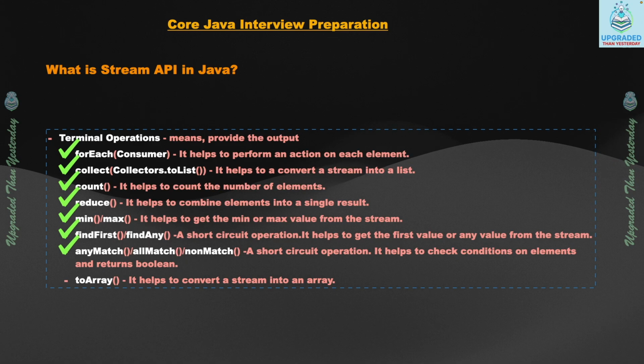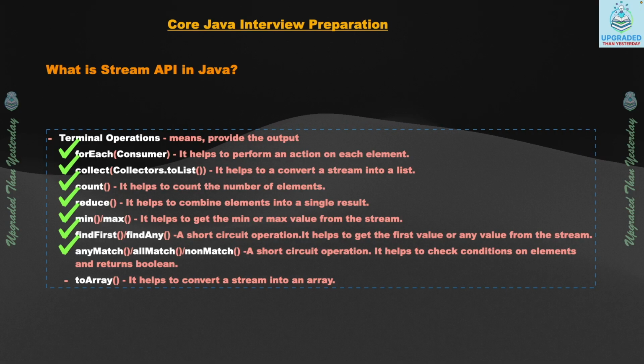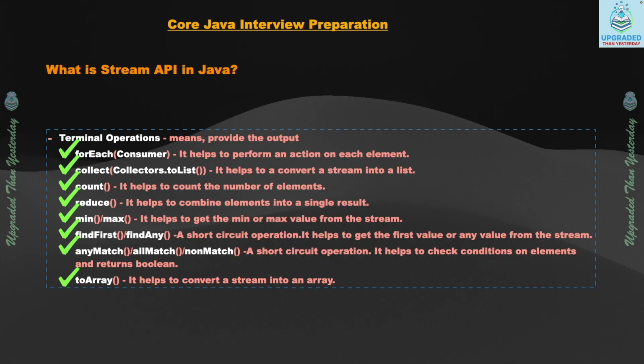It returns boolean in case any match is found. allMatch. It is also a short circuit operation. It returns boolean in case all match is found. noneMatch. It is also a short circuit operation. It returns boolean in case no match is found. toArray. It helps to convert a stream into an array.